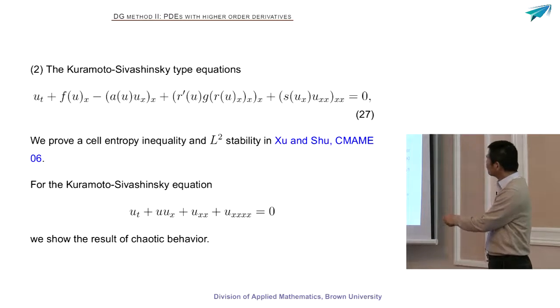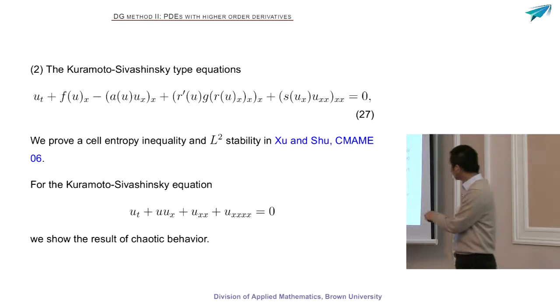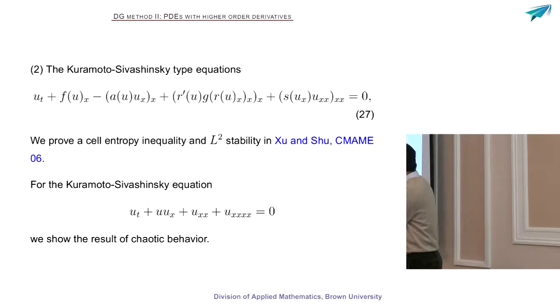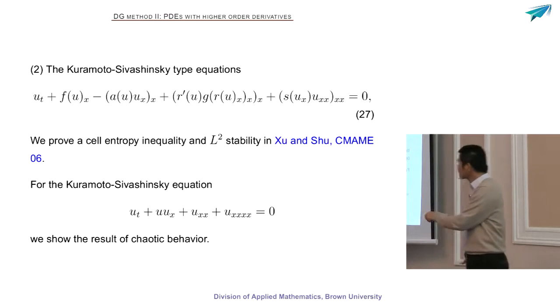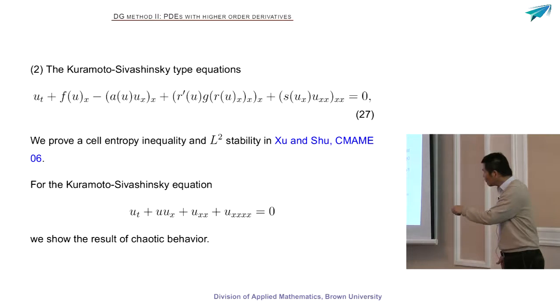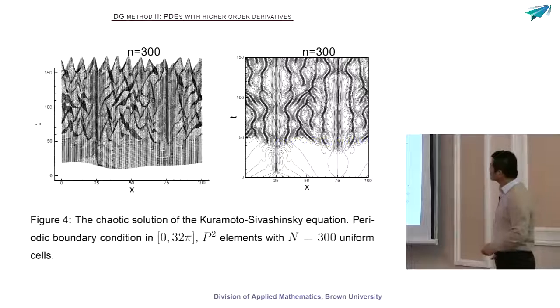For the simple one-dimensional version, sorry, this is the type with all these nonlinearities, you can already show these things. But with the original Kuramoto-Sivashinsky equation, which is nonlinear only here, and linear here and here, you actually get this kind of result.